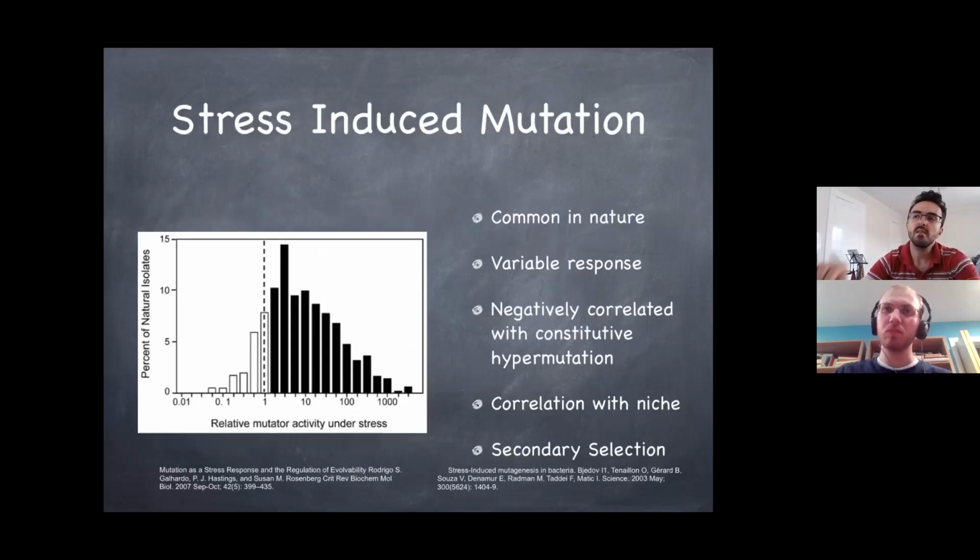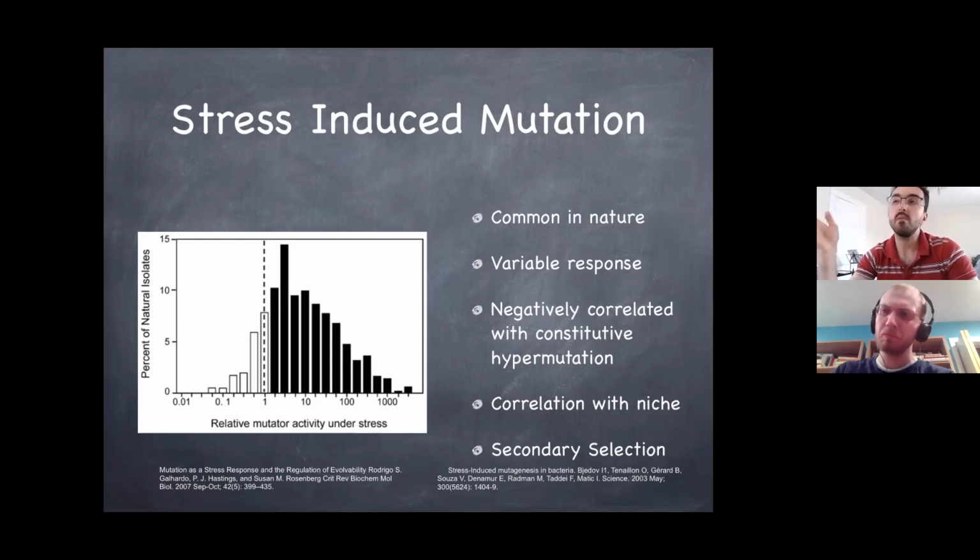Another interesting thing on the subject of bacteria is that we don't just see the de-repression of mobile genetic elements in eukaryotes. An older and much bigger literature exists that shows evidence for stress-induced mutation in bacteria.